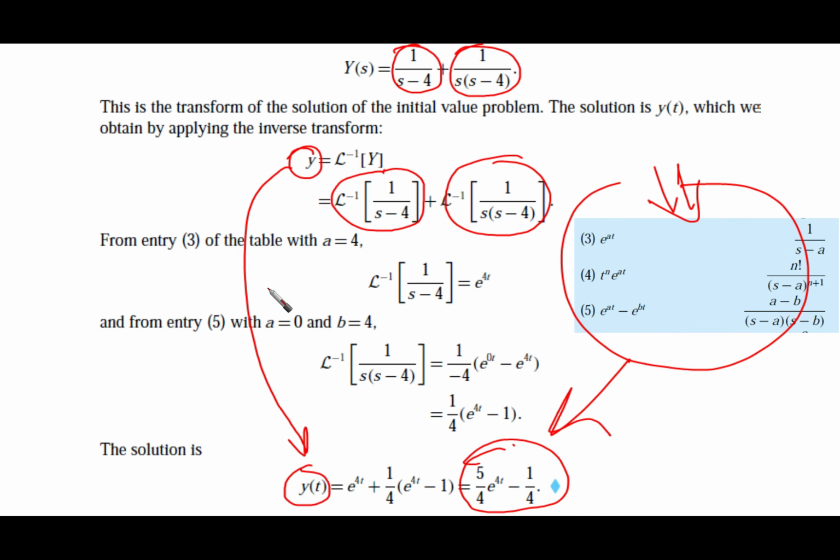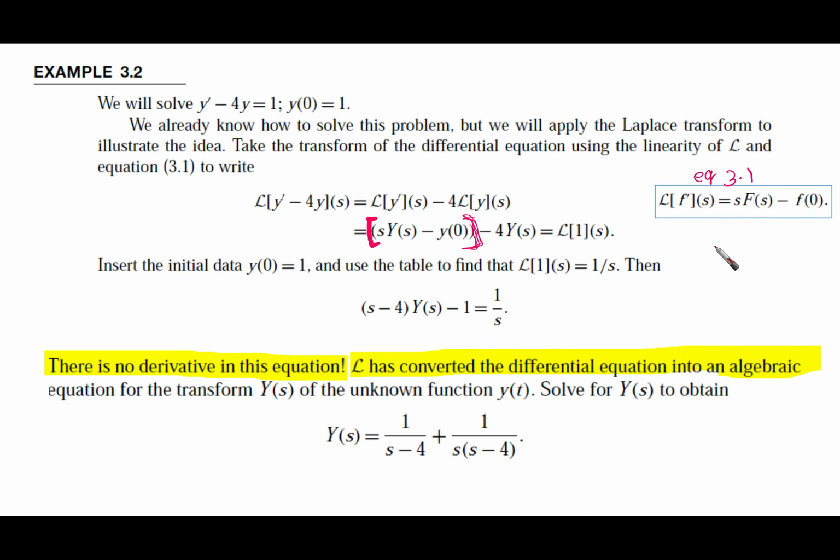This is the flow chart of how we can use Laplace transform to transform our differential equation into an algebraic equation, taking into consideration equation 3.1, which is the derivative of Laplace transform.